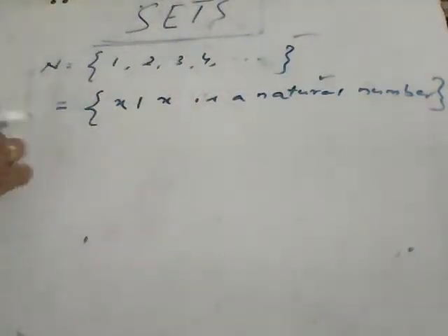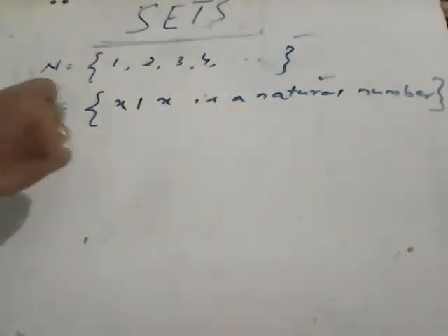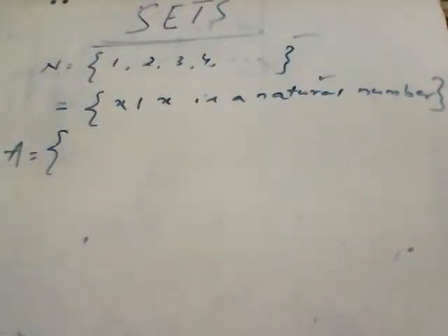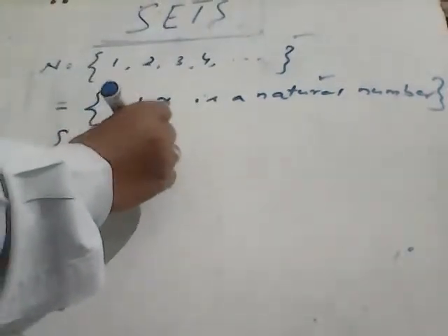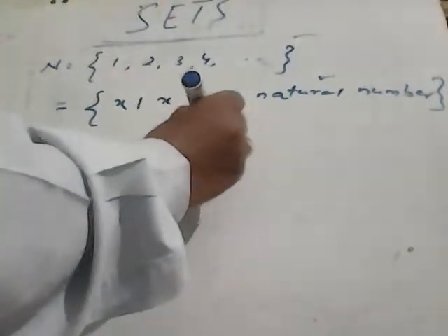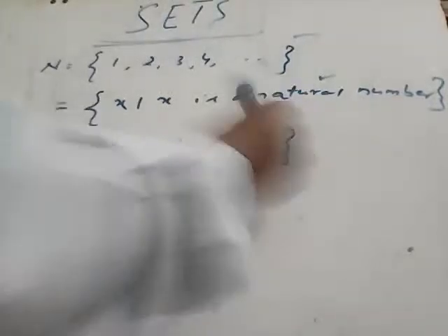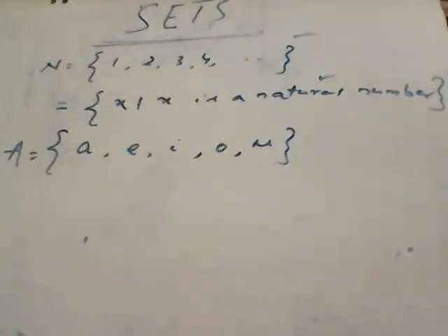Another set, suppose I'm writing set A, the set of some alphabets. Here I'm writing A, E, I, O, U. You all know these are vowels in the English alphabet.